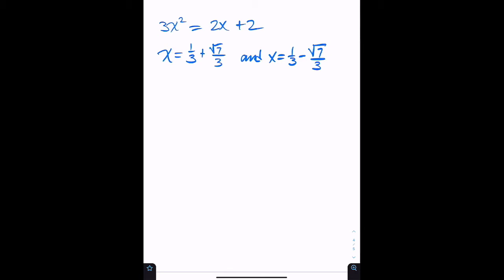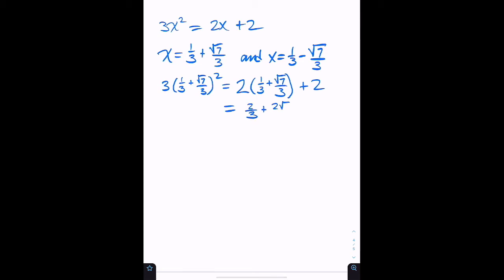Let's go ahead and prove this now. We're going to say 3, and we're going to plug in what x is equal to. 1/3 plus root 7 over 3 squared, and that's equal to 2 times 1/3 plus root 7 over 3 plus 2. Okay, let's go ahead and work the right side first. 2 times 1/3 is 2/3 plus 2 times root 7 over 3 is 2 root 7 over 3.